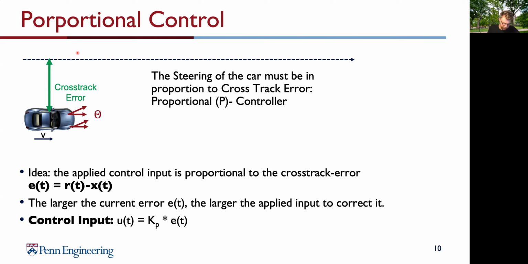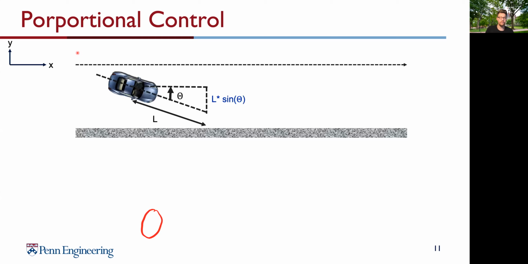And the control input we generate, u(t), is that we multiply our cross-track error with a gain variable Kp. And this is the magic behind the proportional control. But we will now go a little bit more into detail there.